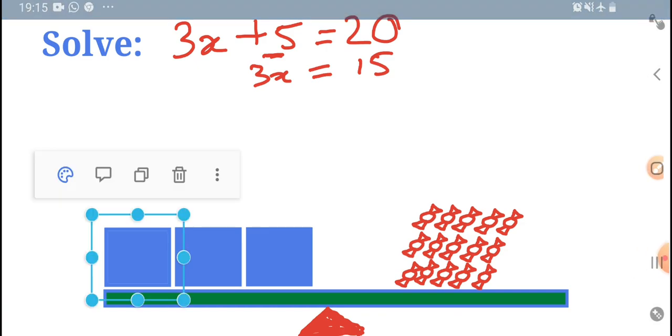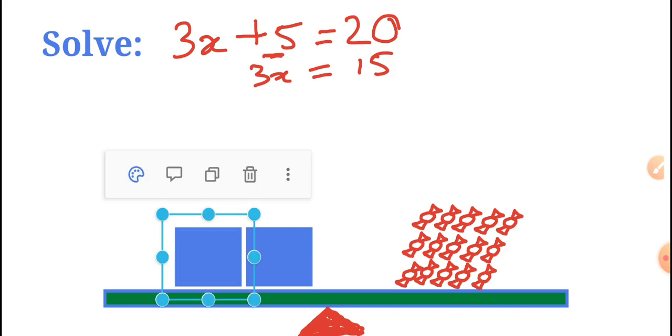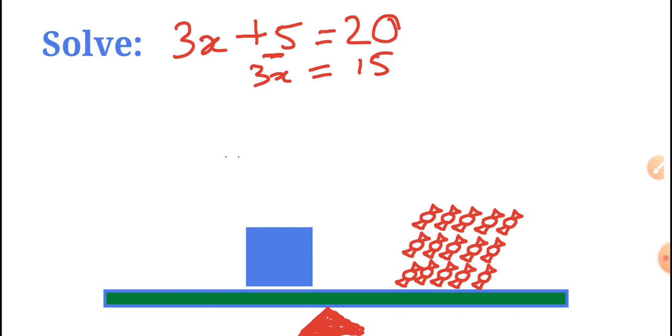When I divide the left hand side by 3, I'll only have one box left, and the 15 sweets on the right, if I divide that by 3, I'll have 5 sweets left. So that tells me that one box must have 5 sweets. So x is equal to 5.